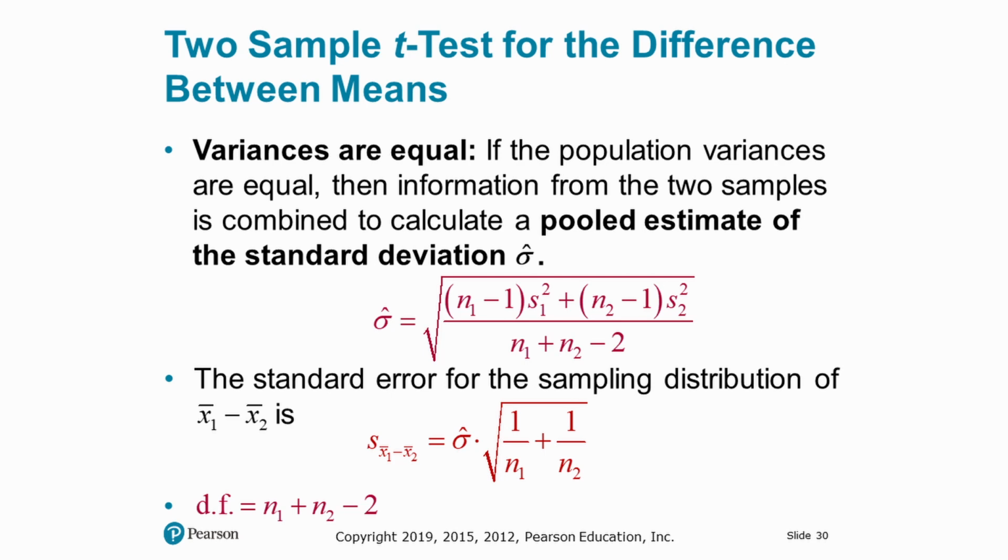The square root of n1 minus 1 times s1 squared plus n2 minus 1 times s2 squared, all over n1 plus n2 minus 2.